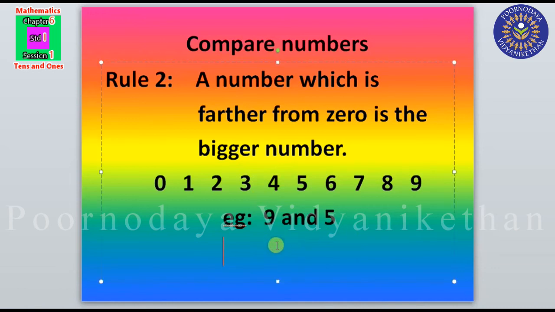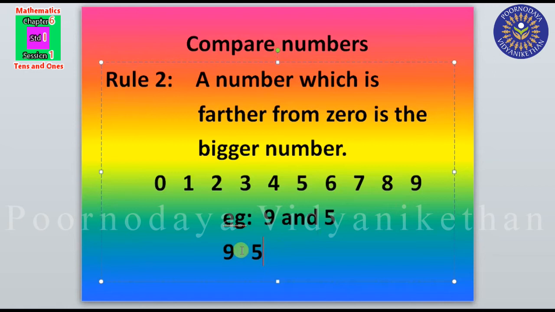We can write 9 and 5 here. From this, counting numbers 1, 2, 3, 4, 5. 5 is closer to 0. 6, 7, 8, 9. So you see, 9 is farther from 0.